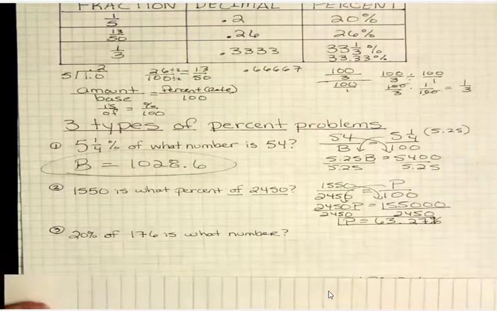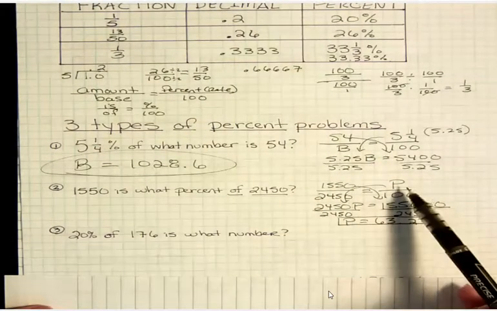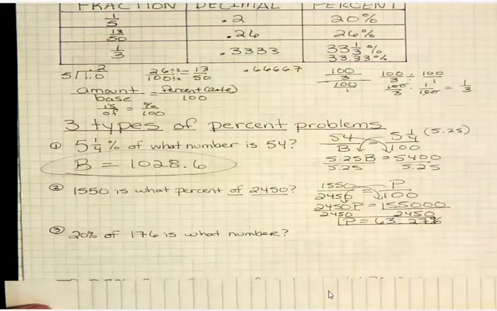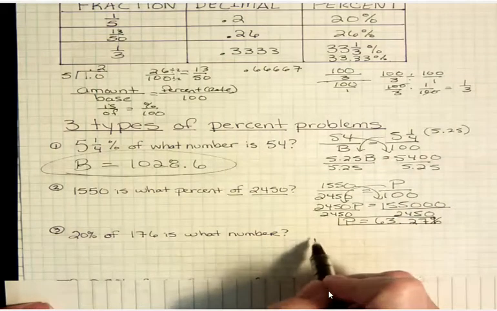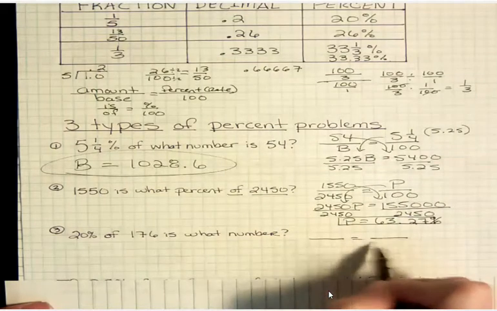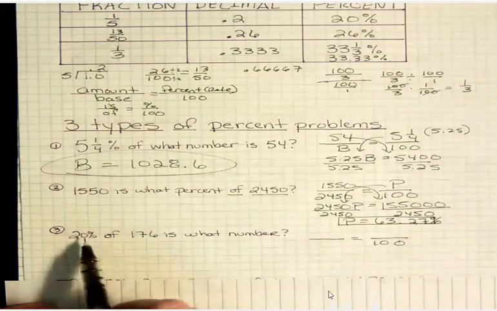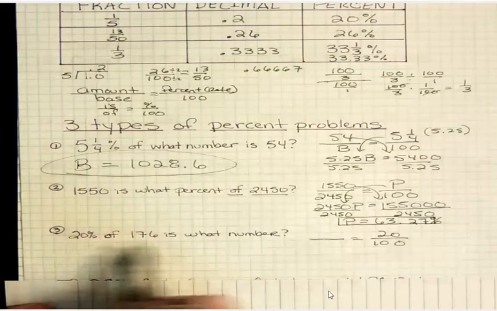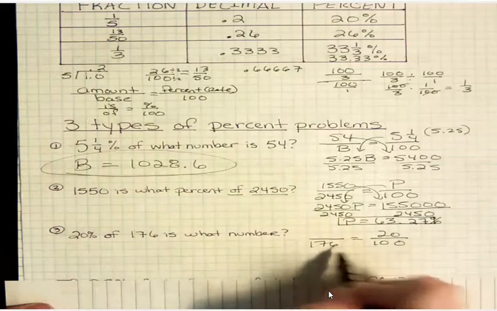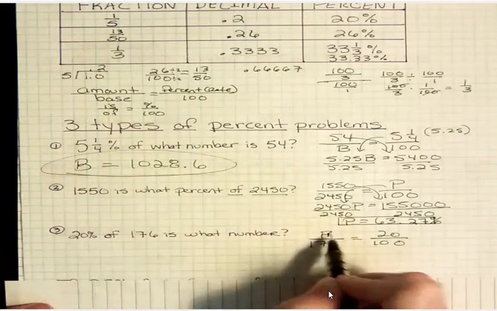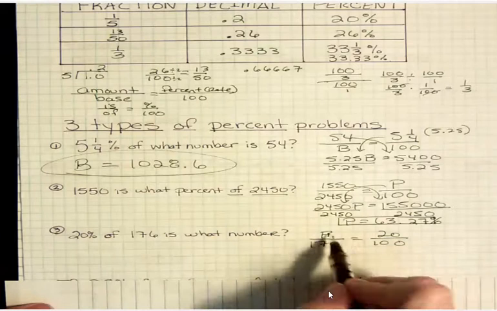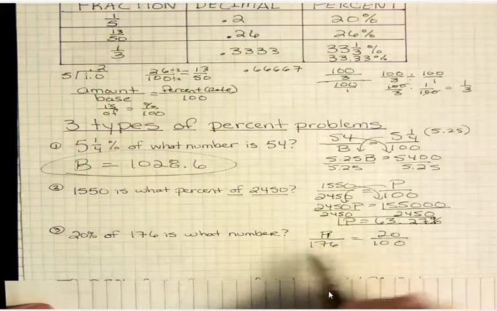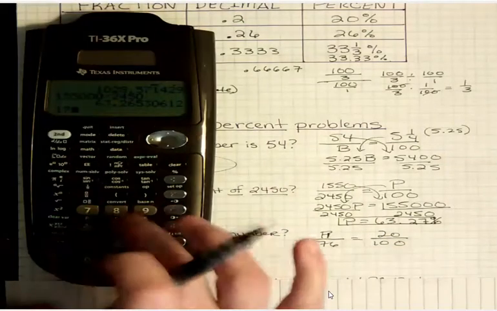And again, always look at the directions to see where they want you to round that. This one I was missing the base, this one I was missing the percent. So when we talk about 3 types, then the next thing we're going to be missing is the amount. The 20%, that goes there. Notice I'm not changing that into 0.20 because by dividing it by 100, I've already made that conversion. 176, and there's our amount. So that was almost a B and A. Okay, so then I'm going to multiply 176 times 20.